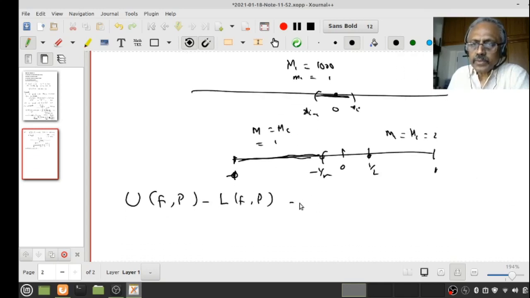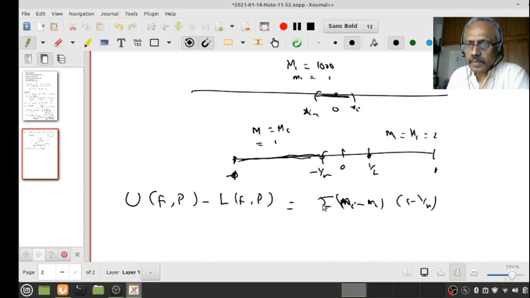Therefore what do I have? So this minus this will be 0, right? Summation of capital Mi minus small mi times 1 minus 1 by n, but this is 0. And here it is 1000 minus 1, therefore 999 times 2 by n.